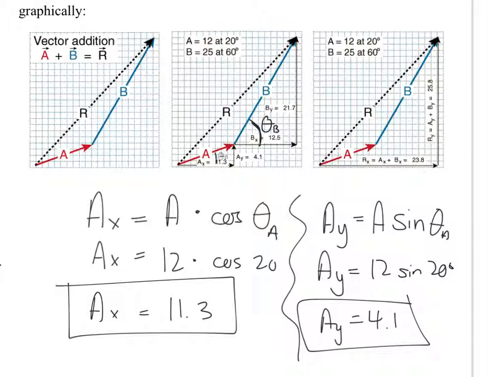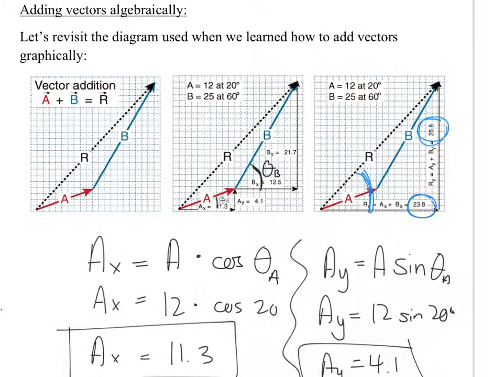How do you get the resultant angle? Which trig function would you use? You know opposite, and you know adjacent. So to get this missing angle, you would do tan of theta equals opposite, which is 25.8, over adjacent, which is 23.8.